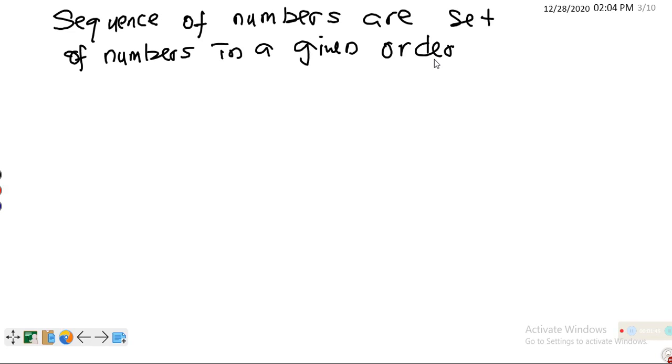So when a set of numbers follows a pattern and there is a clear rule for finding the next number in the pattern, then the set of these numbers is called a sequence. So we have a pattern and we have the rule for generating the sequence.